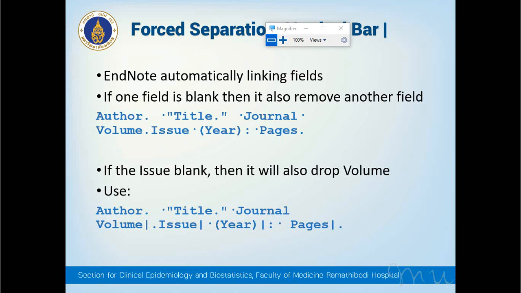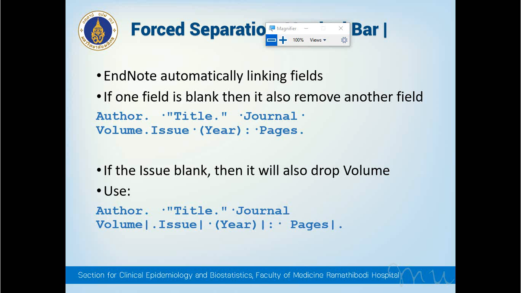So if you want to separate the volume and issue, you have to use this symbol between volume and issue here. Because if you use a space, you will put a space over there, and sometimes you don't want the space, you just want the volume number, then a dot, and then the issue. If you want to separate them without putting a space there, you use this forced separation.